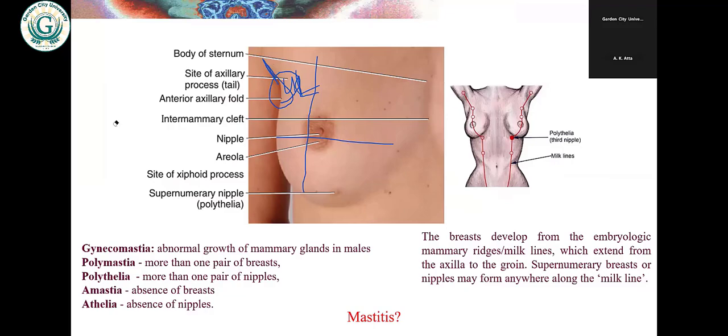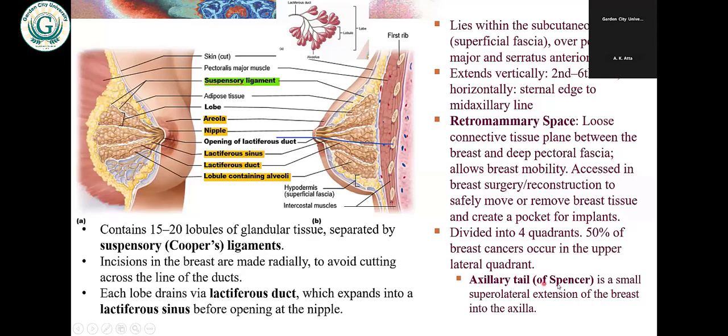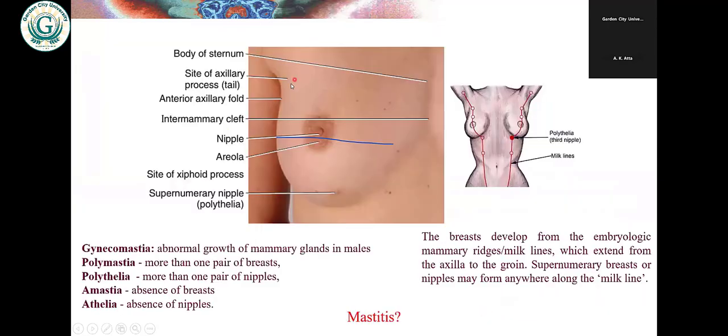The part that extends into the armpit is the axillary tail of the breast, or what we call the tail of Spence. The axillary tail of Spence is a small superolateral extension of the breast into the axilla. When I say superolateral, it is the same as upper lateral.